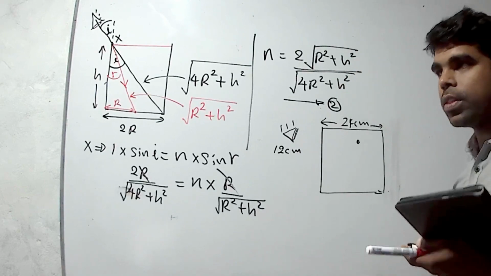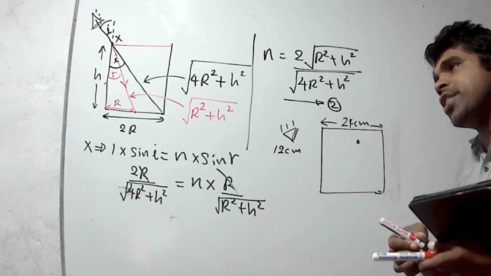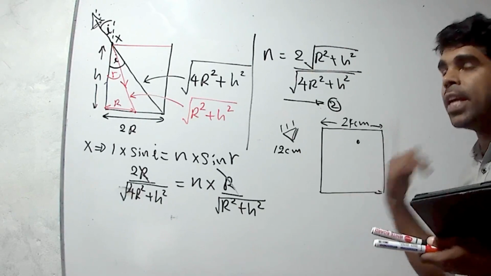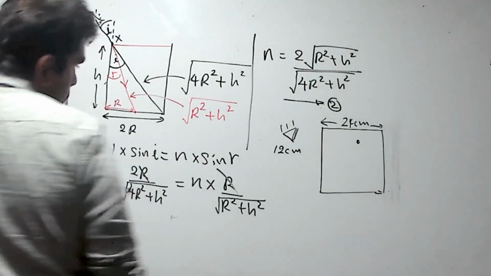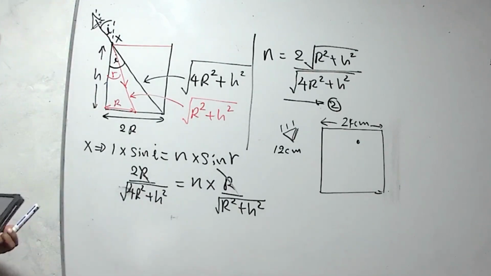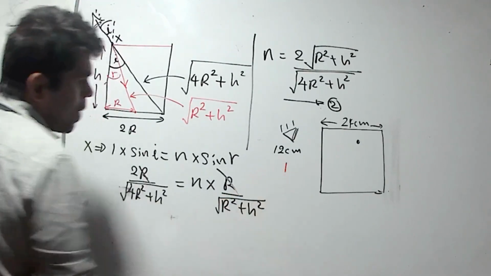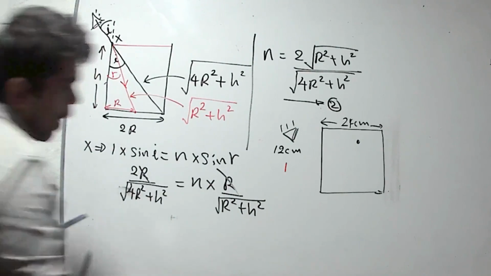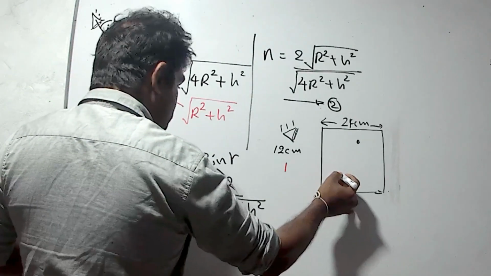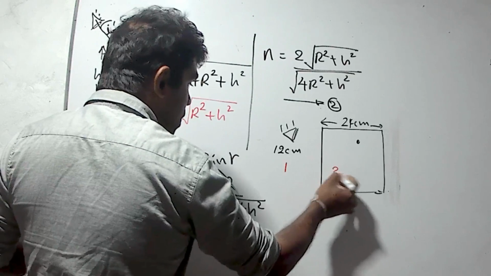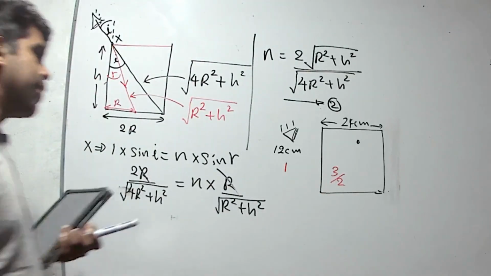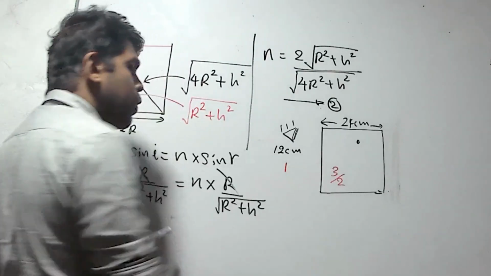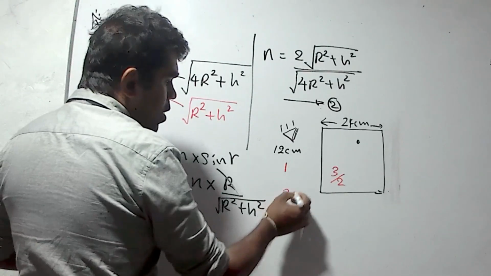We can use the relationship between apparent depth and real depth, but there is another easy method. The refractive index of this medium is 1. The refractive index of this medium is 1.5, which means 3 over 2. I will get the ratio between the two refractive indices. The ratio is 3 to 2.